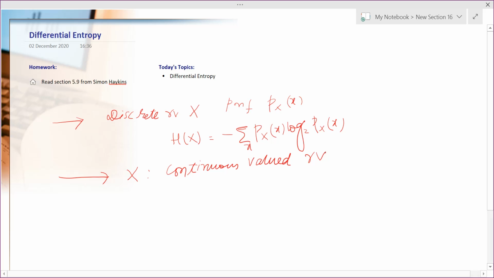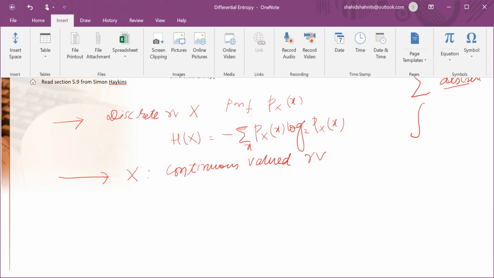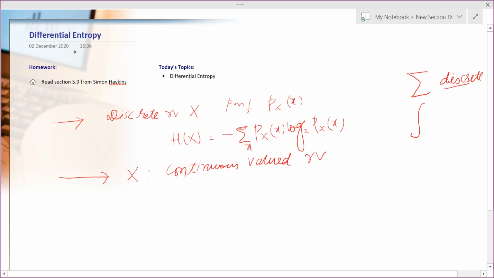So without going into any details, I will directly use an analogy that whenever we have a summation in case of discrete, in case of continuous analog we have integral. So we define equivalently entropy for this case in this way. So minus integral, and then this x is a continuous random variable.